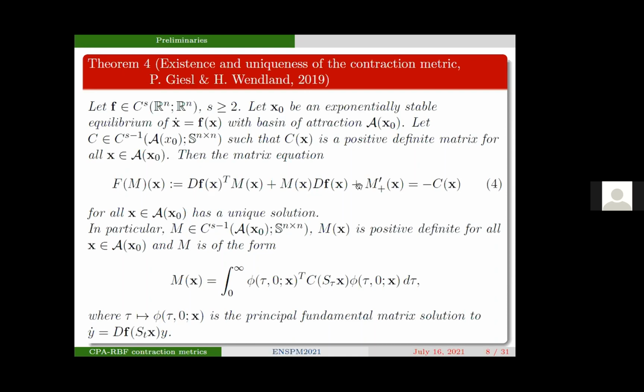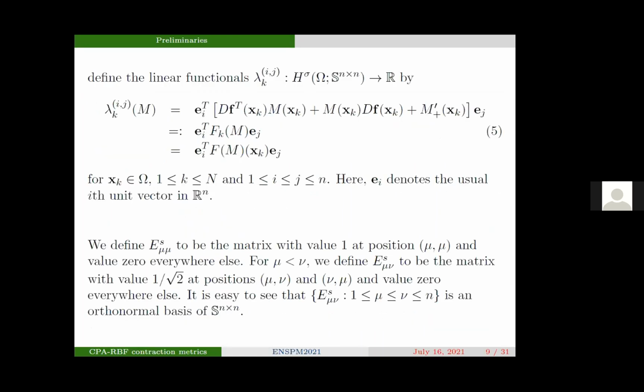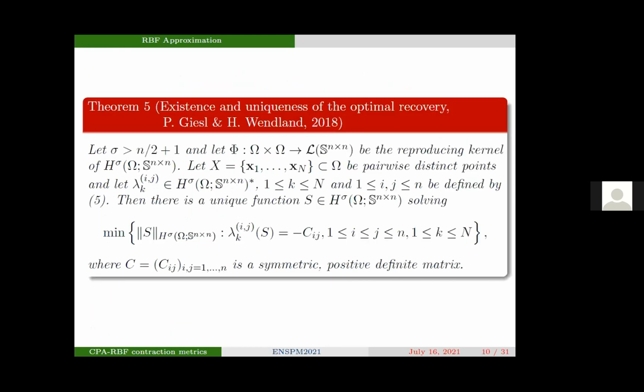Now, instead of solving it analytically, we use RBF functions to approximate it numerically, and putting all the settings accordingly, it becomes the optimal recovery problem of finding a norm-minimum solution for the approximation of that PDE. We are sure that it exists and it is unique, considering the conditions are satisfied.